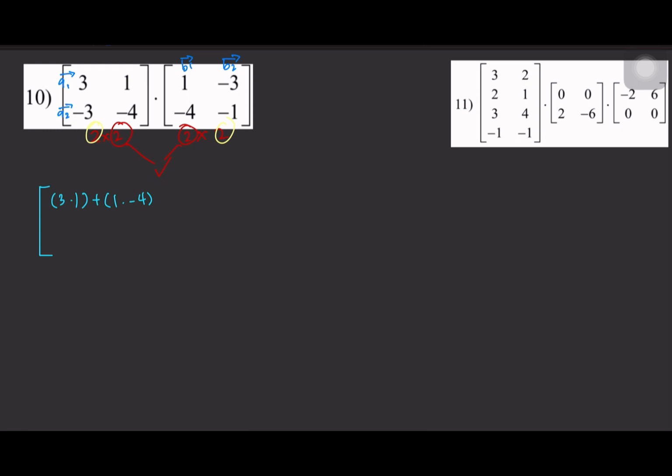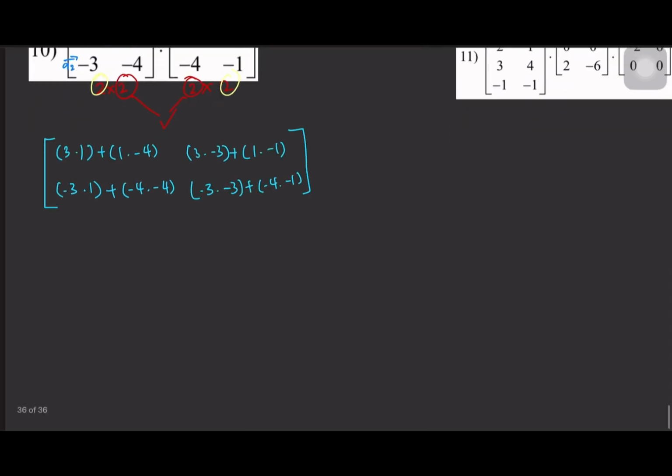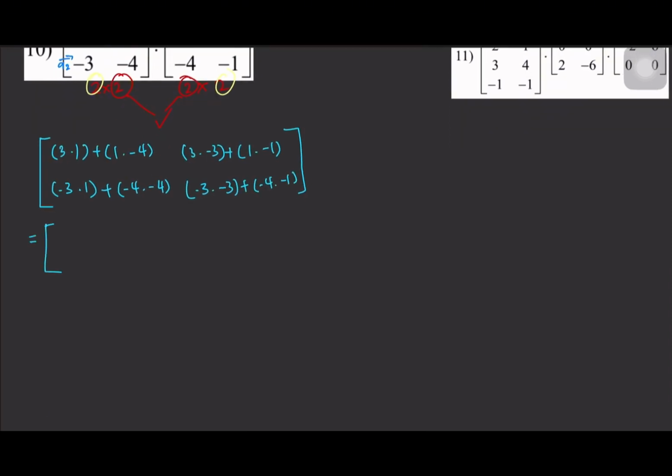Then A1 times B2, which is 3 times negative 3 plus 1 times negative 1. Now A2 multiplied by B1 with negative 3 multiplied by 1 plus negative 4 multiplied by negative 4. Finally, A2 multiplied by B2, which is negative 3 multiplied by negative 3 plus negative 4 multiplied by negative 1. And if you slowly do out the algebra, you can get it.